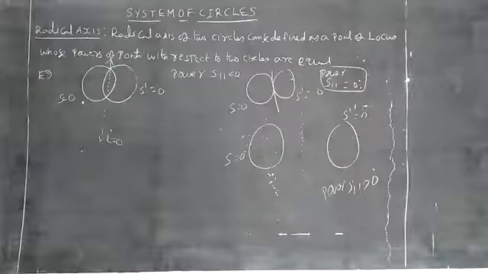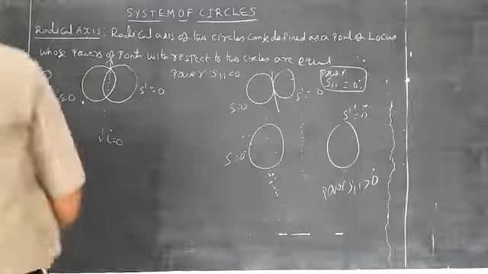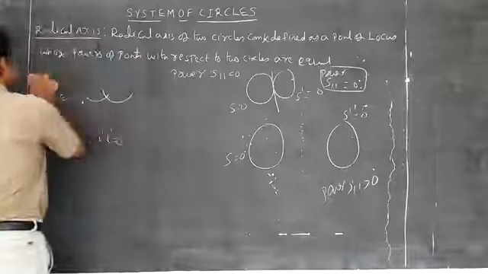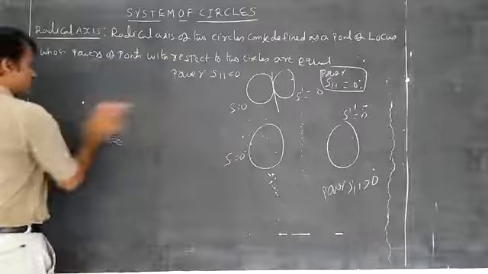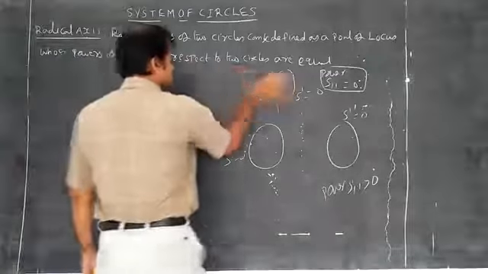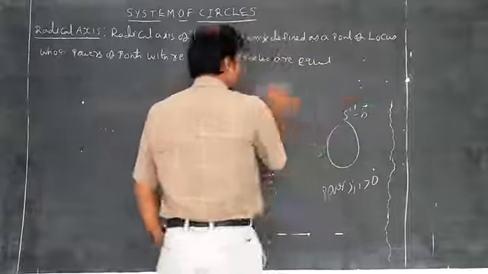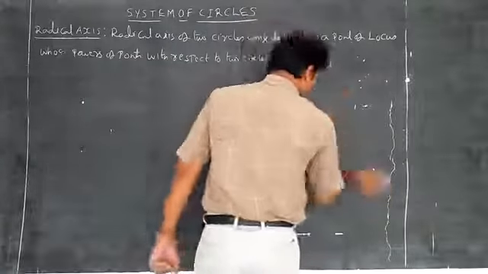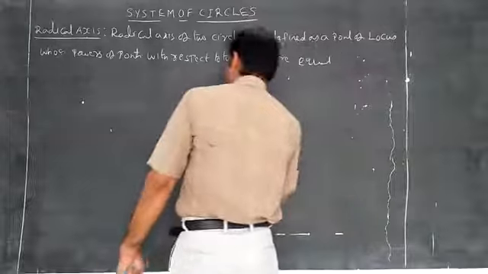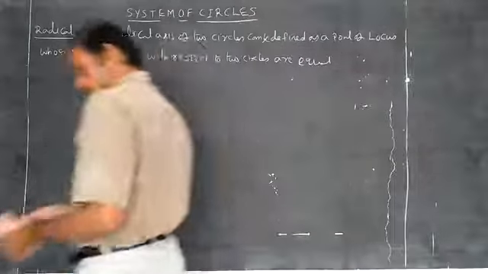Let us discuss the equation of radical axis and the procedure. Whether it is a line or a curve or anything like that, we can get the equation of radical axis.